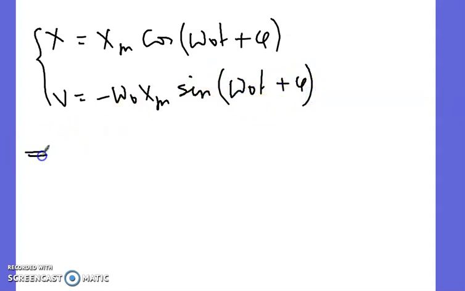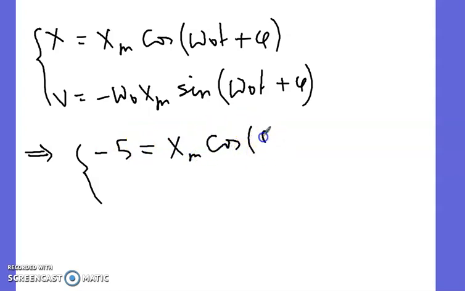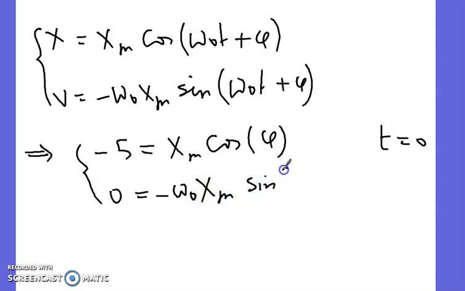Let's apply the initial conditions. We get minus 5, which is x0, equal xm cosine phi. I replace t equal to 0. Don't forget, t equal to 0. And 0 equal minus omega 0, which is 10, xm sine phi. Here also I replaced t equal to 0.